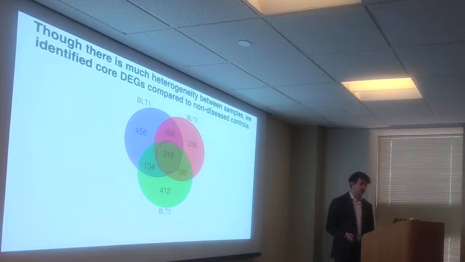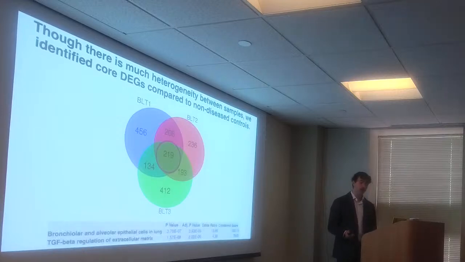And when looking through this 219 gene list, we performed gene enrichment analysis, and we found, once again, reassuringly, that we see aberrant bronchiolar and alveolar epithelial cells in lung program, which makes sense given that they are aberrantly expressing a lot of these programs.